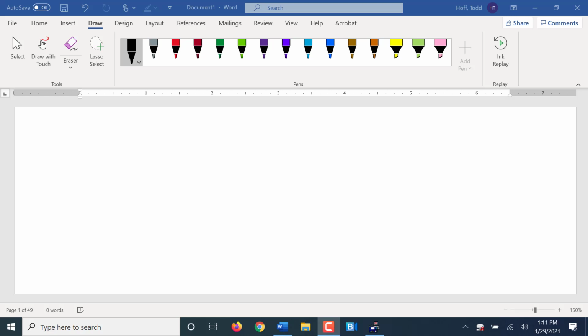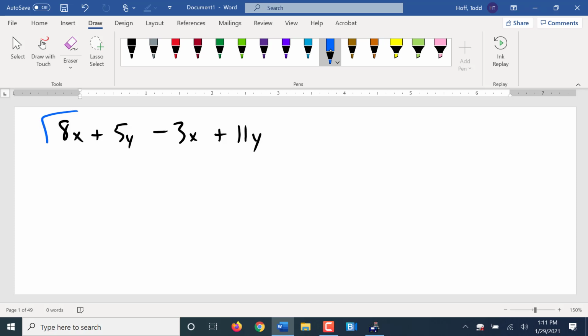So things like that. If I ask you to combine what you can combine there, what can we actually combine? The x's with the x's, the y's with the y's.